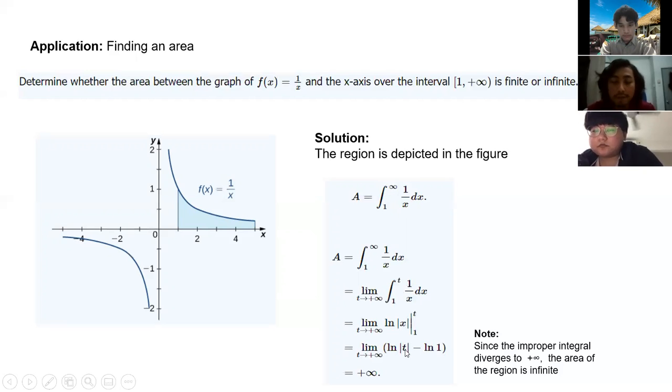We substitute t with positive infinity, so the final answer is positive infinity. Note, since the improper integral diverges to positive infinity, the area of the region is infinite.